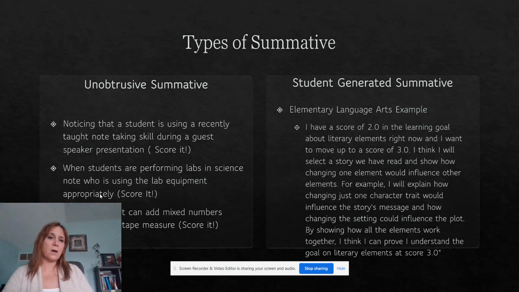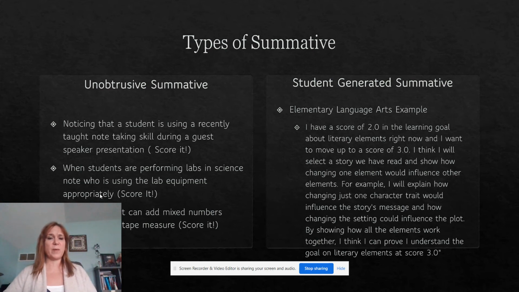Now, there's unobtrusive summatives. Those are not a direct paper and pencil test, but noticing that the student can demonstrate the learning target. Examples would be noticing that a student is using a recently taught note-taking skill during a guest speaker presentation. If that note-taking skill was one of the learning targets and they're doing it at another time, they've mastered that, they can meet that learning target, so score it.